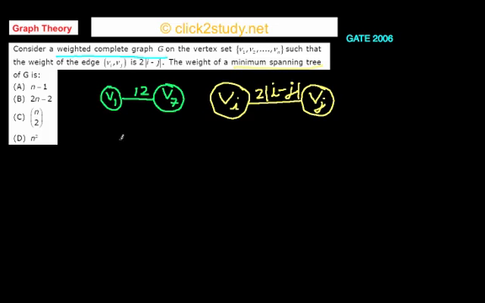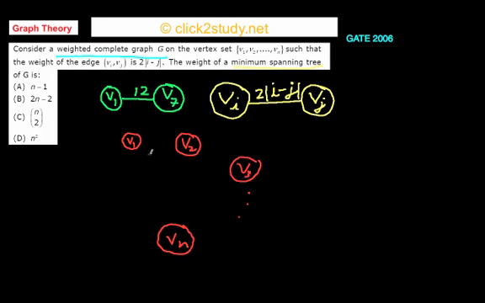What I'm going to do right now is give labels to these vertices. Suppose we have v1, v2, v3, and so on up till vn. It's a complete graph, so every vertex will be connected to every other vertex. I'm not drawing those edges for simplicity.